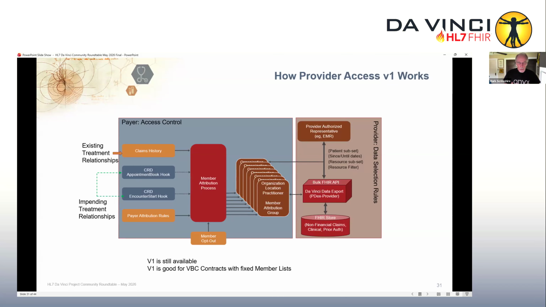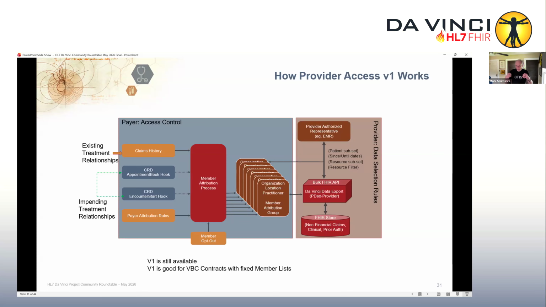So a lot of overhead in just keeping those lists up to date. And then think about it, the default action when an operation comes in using these bulk exports is basically, give me everything for everyone in the list. Well, that could be an enormous tax on the payer to serve up all of that data. And in fact, the provider typically doesn't want all of that.